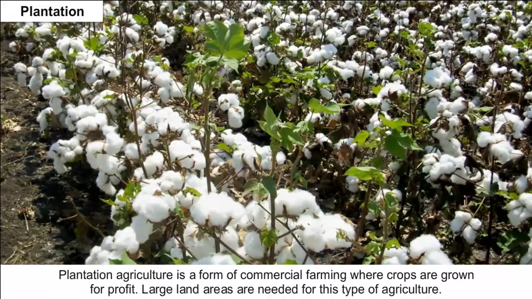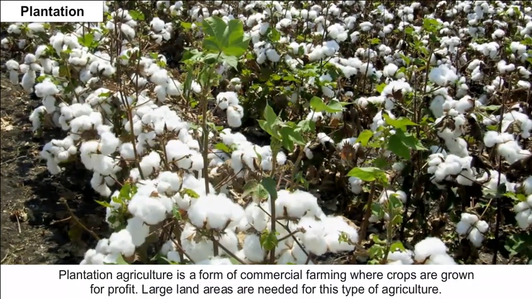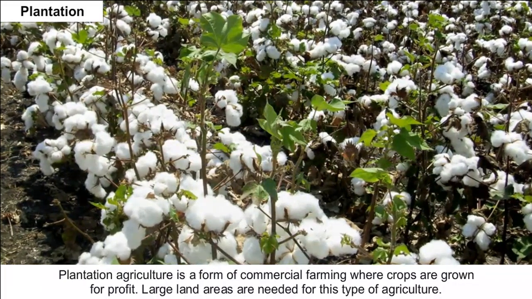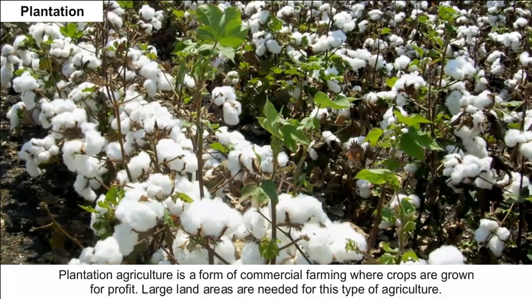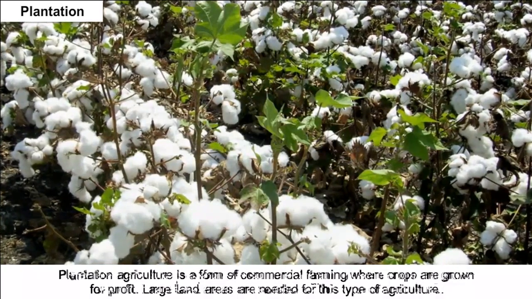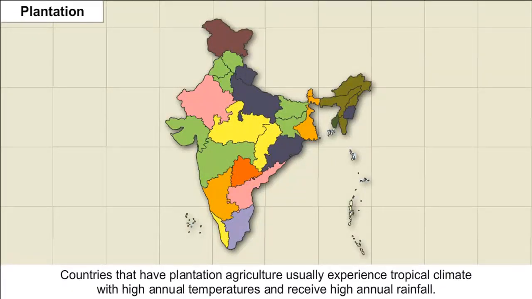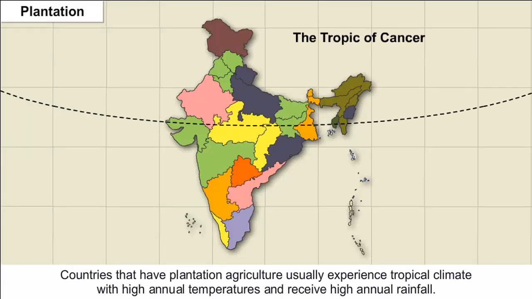Plantation agriculture is a form of commercial farming where crops are grown for profit. Large land areas are needed for this type of agriculture. Countries that have plantation agriculture usually experience tropical climate with high annual temperatures and receive high annual rainfall.